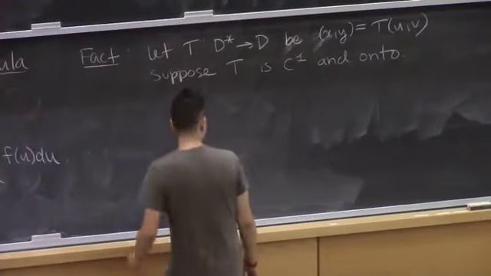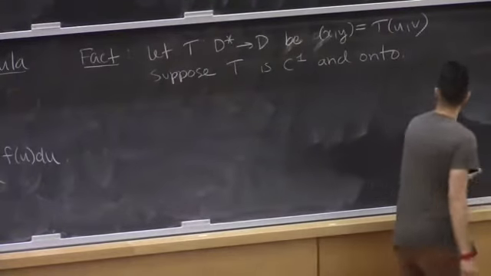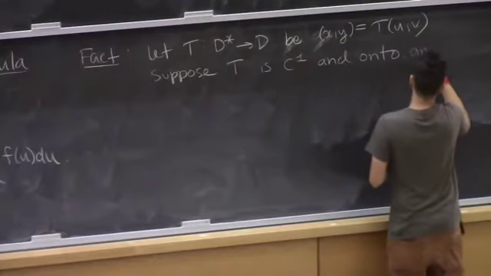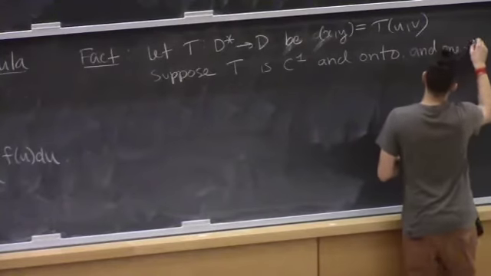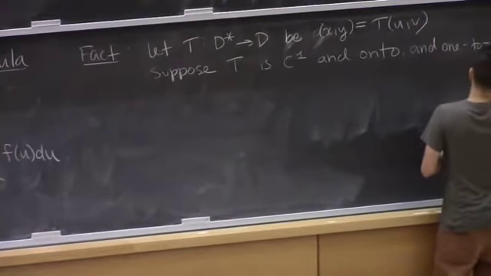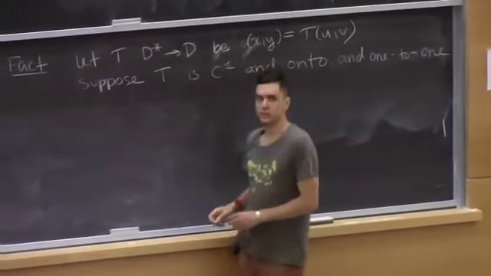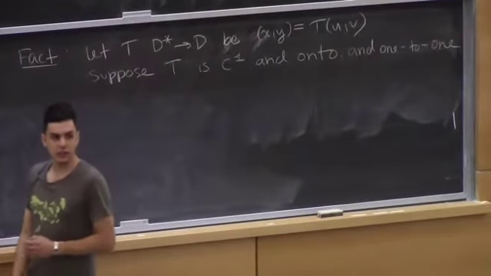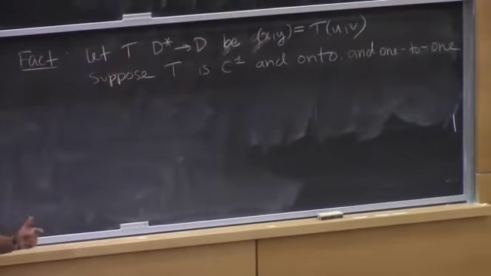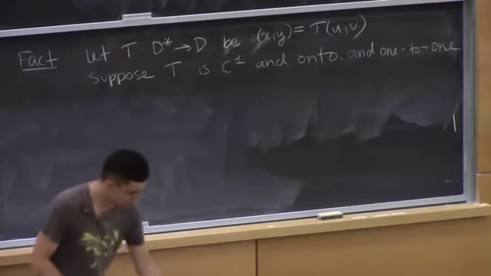Okay, so suppose we've got a function which is 1-to-1, onto, and C1.